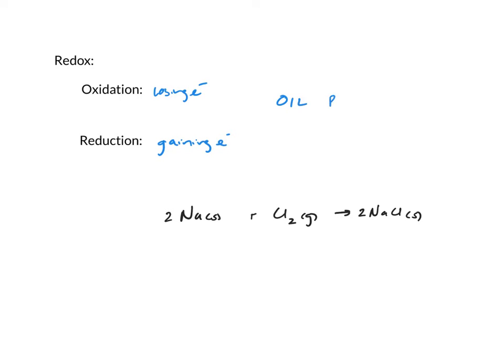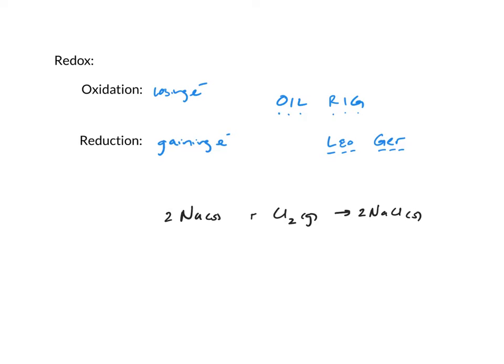One of them is OIL RIG, where oxidation is loss, reduction is gain. The other way to remember this is with LEO the lion goes GER, where losing electrons is oxidation, gaining electrons is reduction. It doesn't matter which one of those you prefer. Both will help you remember that losing electrons means being oxidized, and gaining electrons means being reduced.